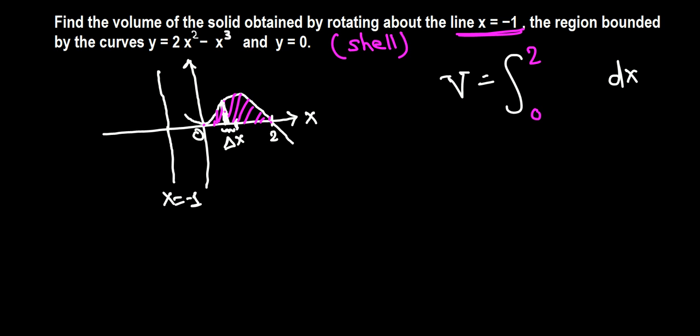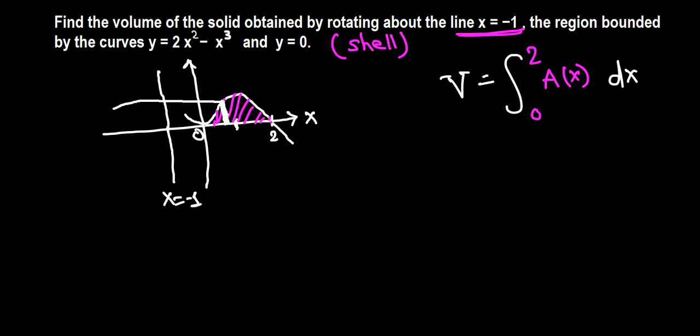When we revolve this about the line x equals -1, we get the surface, just the outside part of a cylinder shell. We need to find the surface area of that cylinder. Let's rotate this small rectangle about this line. Let me erase this part because I don't need it.